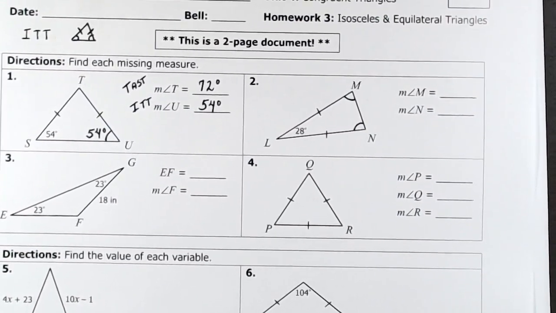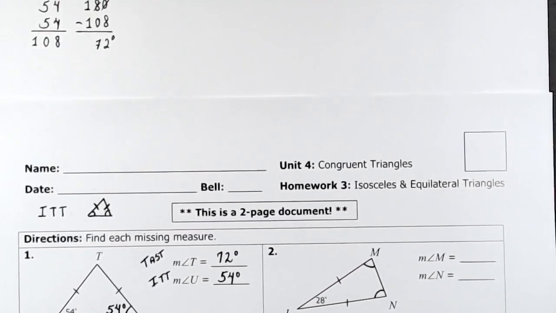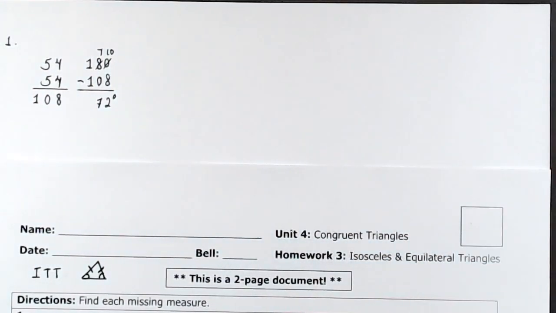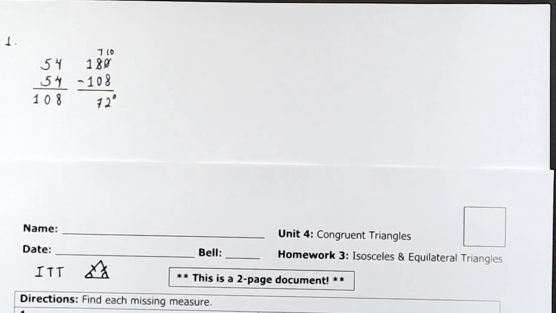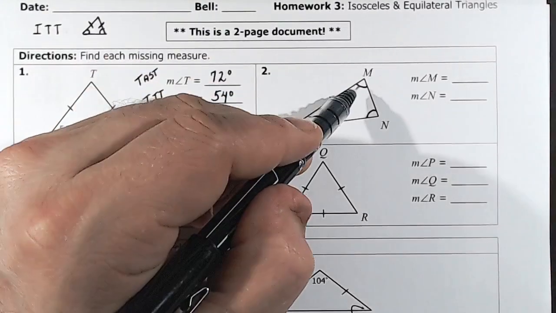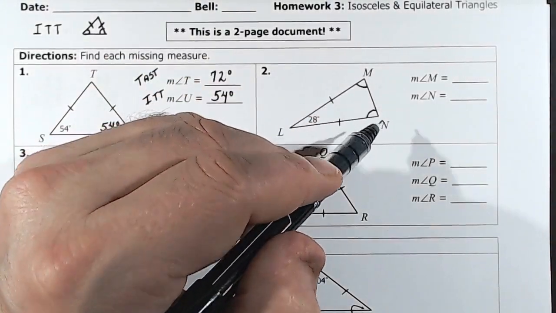Well, we can use a little bit of algebra and we'll combine the theorems, the triangle angle sum theorem and the isosceles triangle theorem, to find the missing angle. So we are going to understand that M and N are congruent.